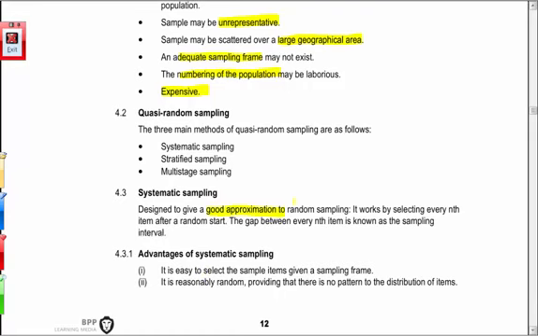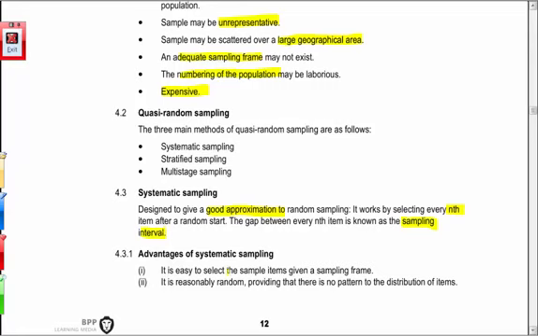So rather than using random numbers, every nth item will be selected after a random start, and the gap between each item will be known as the sampling interval. So if you've got 1,000 people to sample and you wanted a 1% sample, then you might go for every 10th person in the population.